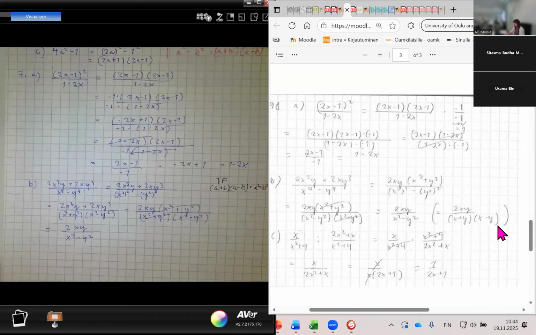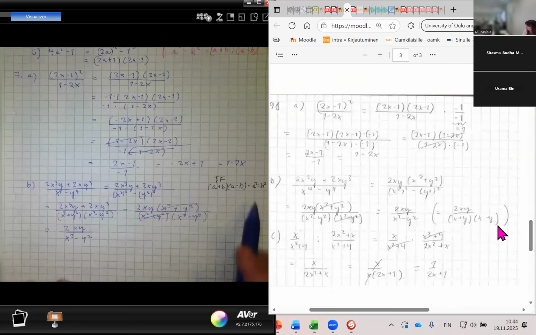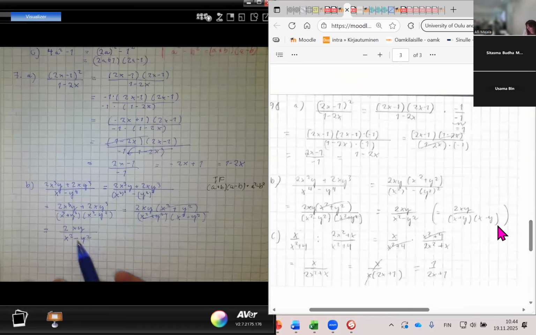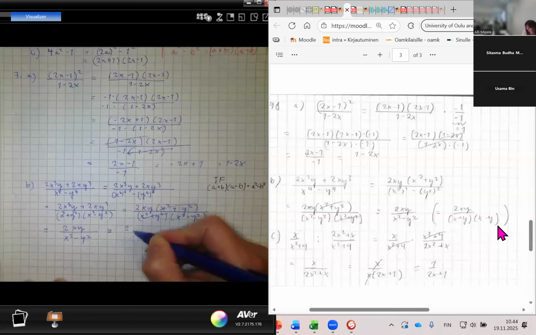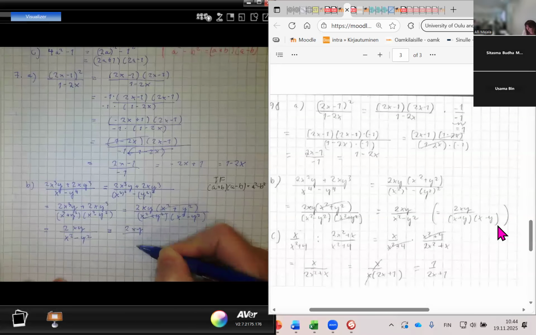Why not? So I know again this dependency here, so I can again modify this. Can also look a bit different.